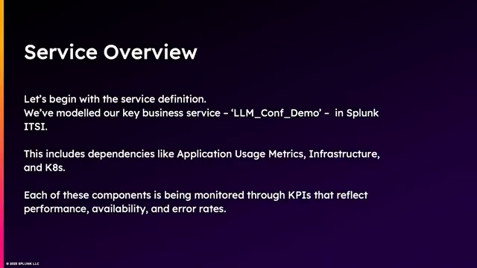In ITSI, we can create services to monitor the business critical applications. This service can have dependent services which can monitor the application usage, infrastructure usage, and other metrics. Each service is monitored through several KPIs that reflect the performance, availability, and error rates.